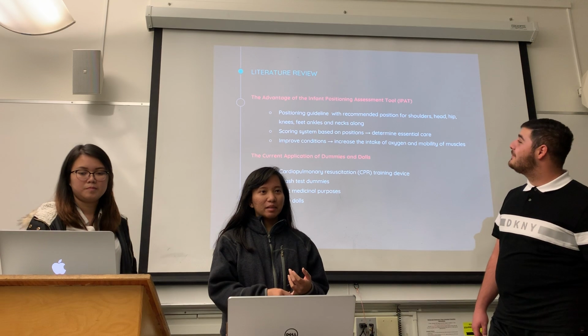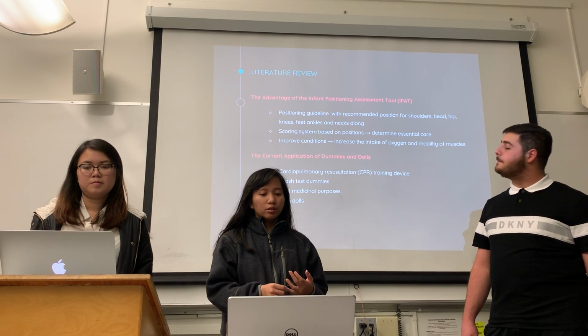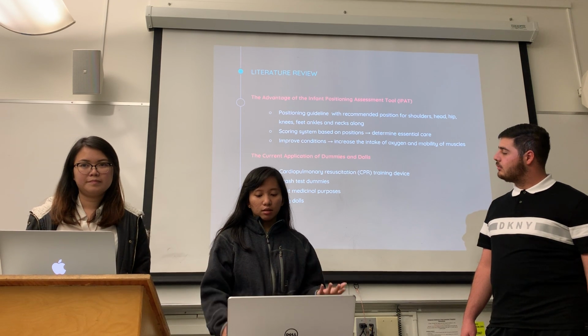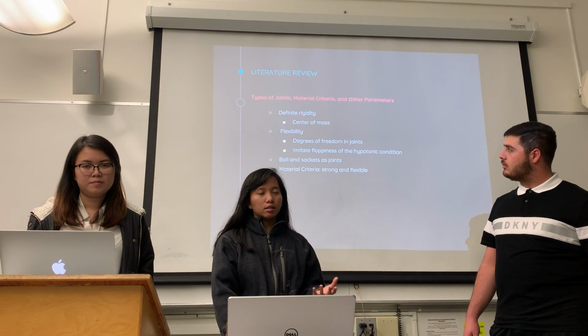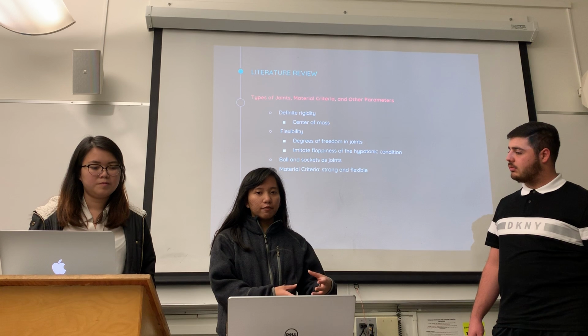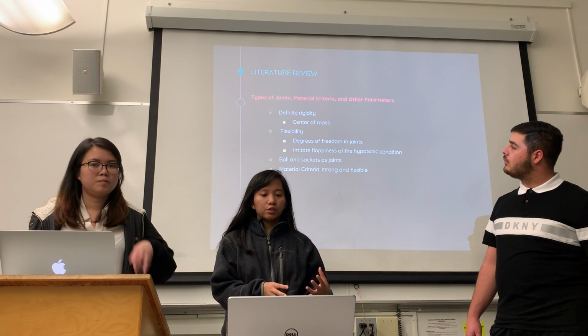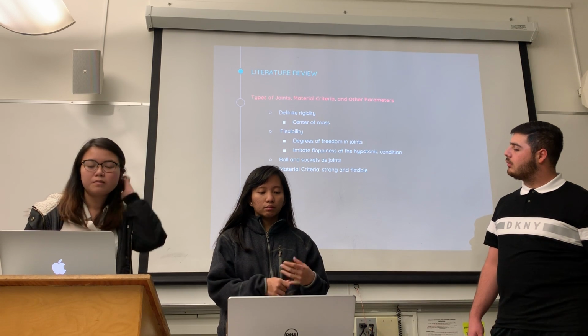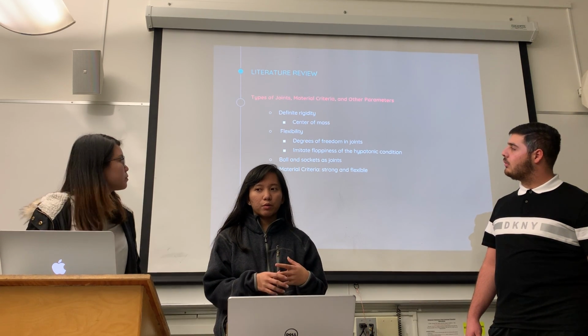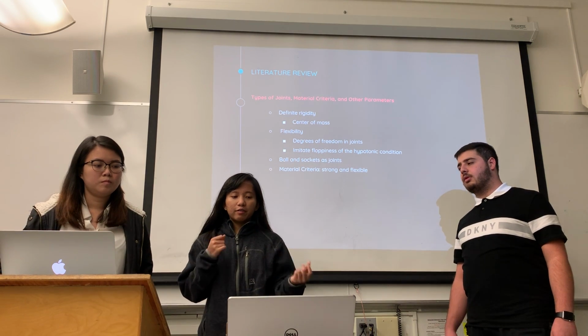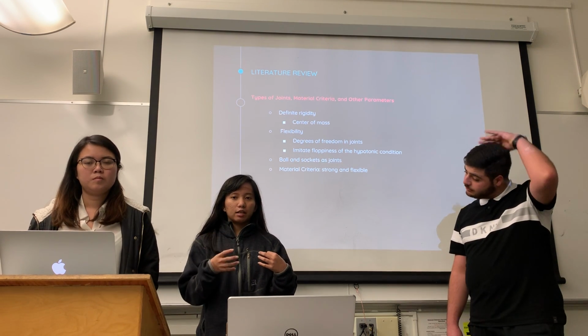And the current applications in dummies are very limited to only CPR dummies, crash test dummies, and Barbie dolls. So we want to expand ours to when there are specific hypotonic babies. And the type of joints that we found from our literature review includes the rigidity, where even though we want the dummies to be very flexible, we also want to have a center of mass.